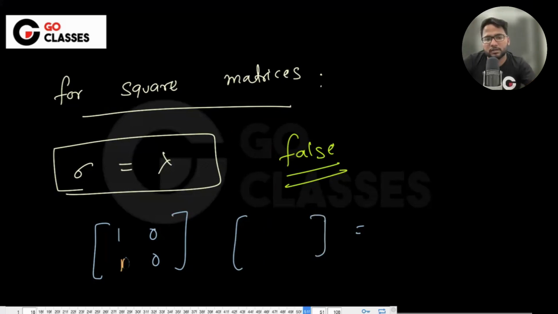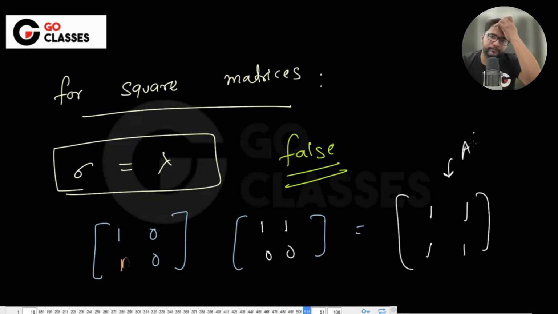So this is basically 1, 1, 0, 0. If you multiply these two, you will be getting 1. This multiplication, this is 1. This is again 1. So this is, let's suppose, A transpose A. This is A. This is A transpose, let's suppose.